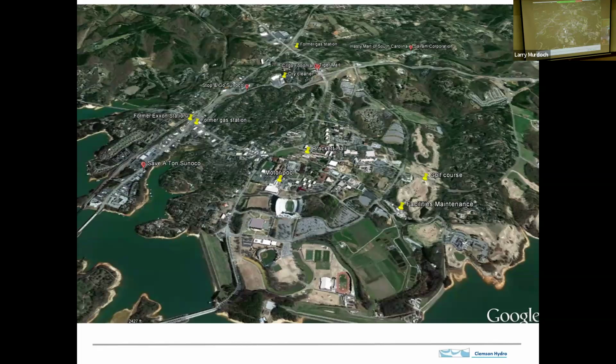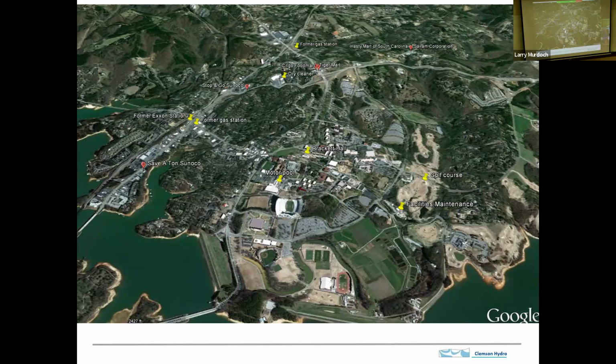Why did I put those places on there? What's the common thread? Most of them are gasoline places. Then there's also that dry cleaner up there. Those are places that store liquids that are contaminants or potential contaminants.